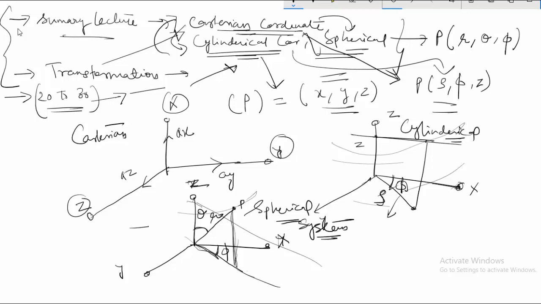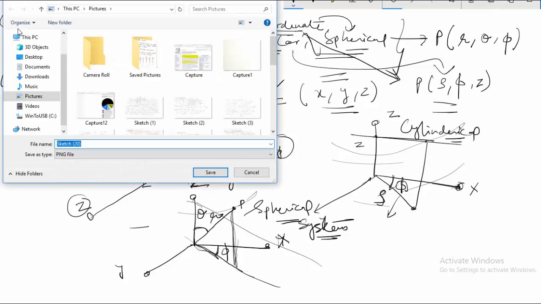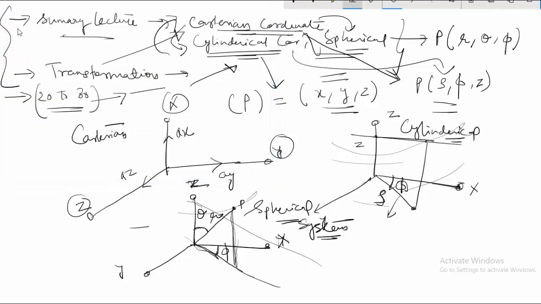So I will just stop here, and based on the derivations which I have done in the series of lectures so far, you can go through the previous videos to find the detailed derivation, but I will sum up all the coordinates. First, for the Cartesian coordinate, it's possible to represent a point P using x, y and z.